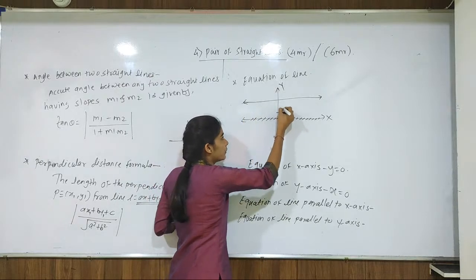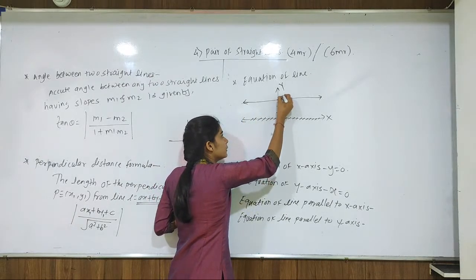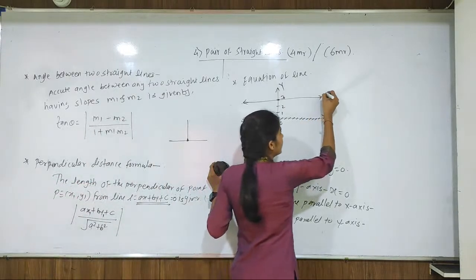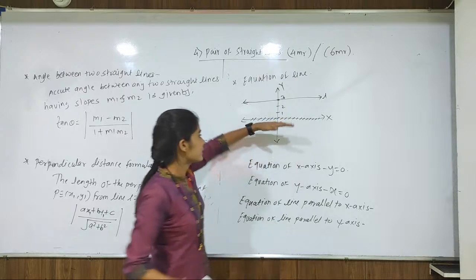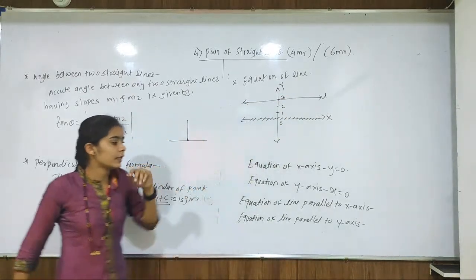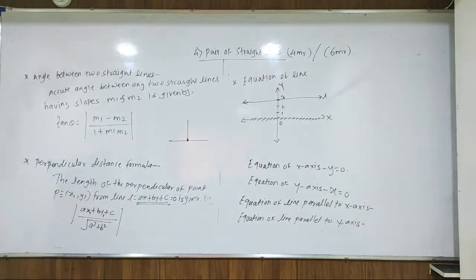Suppose this point is (1, 2). It passes through the point 3. Suppose there is a line L which is parallel to the x-axis and passes through 3. Then what will be the equation? Tell me fast.